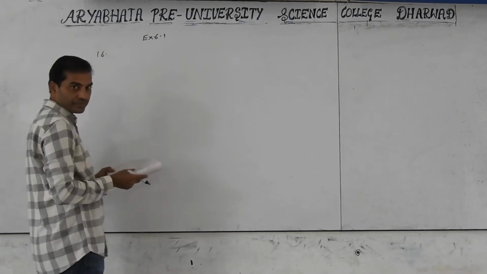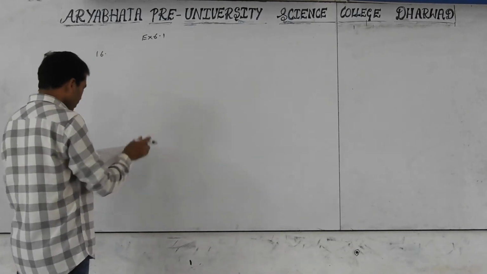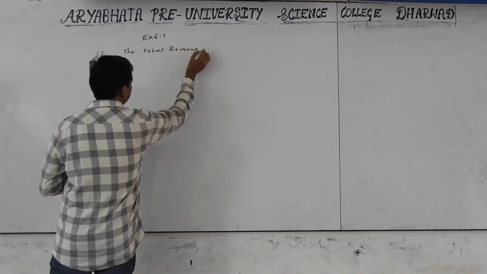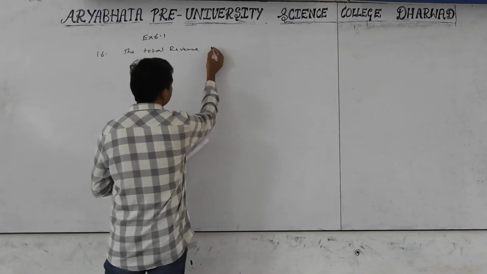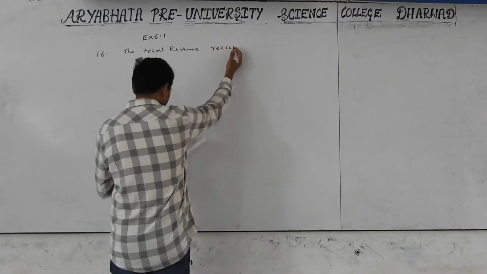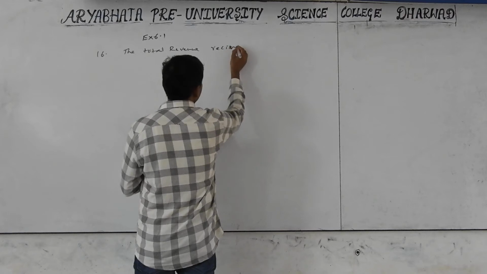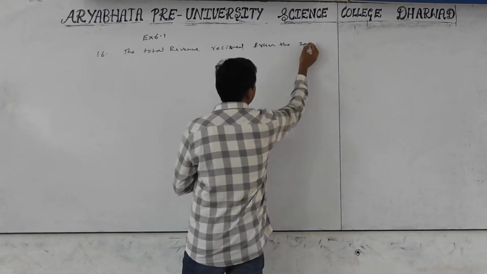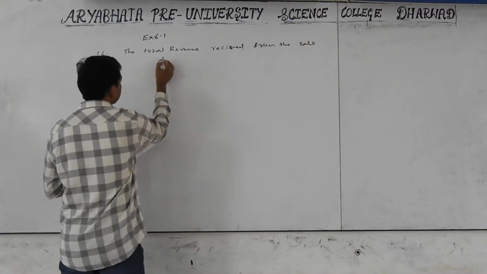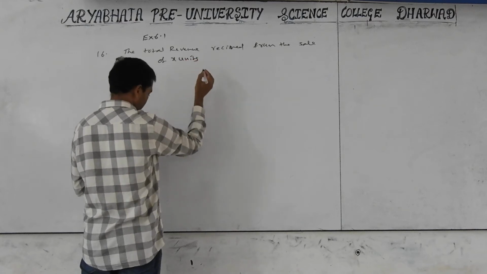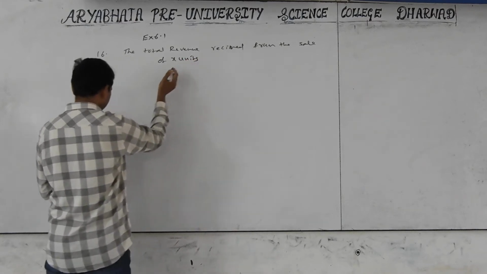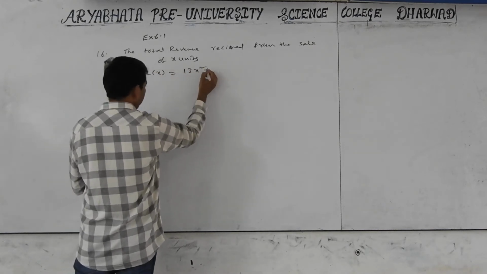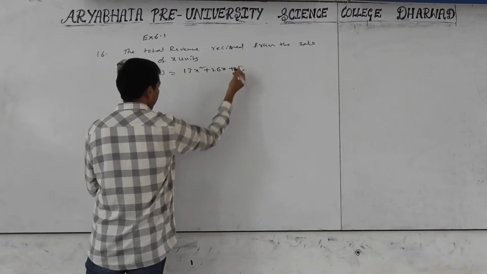Question number 60. The total revenue in rupees received from the sale of x units of a product is R of x equal to 13x square plus 26x plus 50.